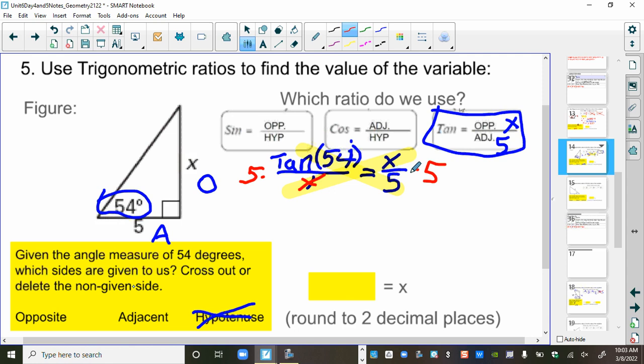I want to let you know, you're doing right. If we multiply both sides by 5, what's going to happen on the right side with the 5s? They go away. So basically, you're just left with x by itself, and on this side, you're left with 5 times tangent of 54.